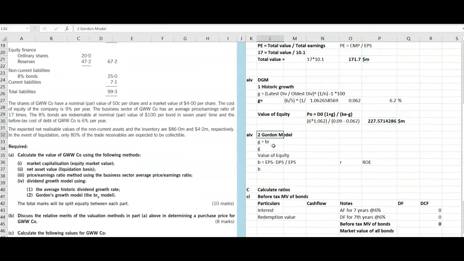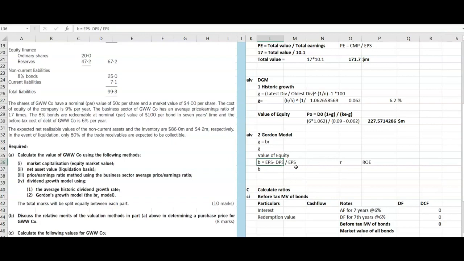The next method is the Gordon method. In the Gordon method, it works like this: G equals B into R, where B refers to the retention rate and R refers to the rate of investment. We have to find out the value of equity. The B formula is EPS minus DPS divided by EPS.